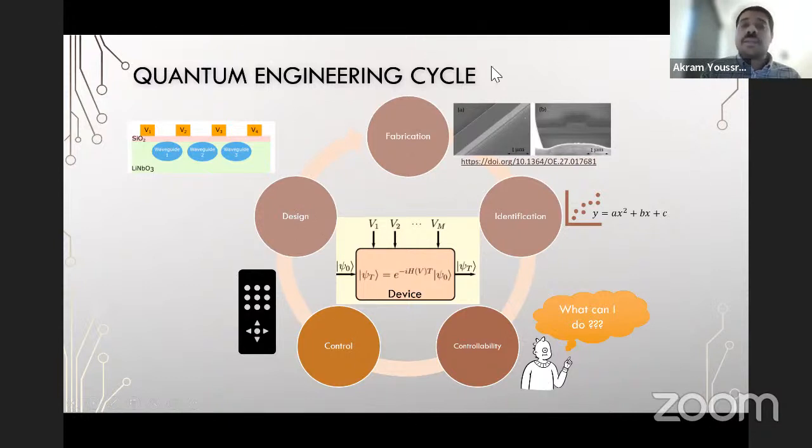And we keep going in this cycle until the behavior of the device is good, like the performance is as good as we expect. So today I'll focus on two stages, the identification and the control. This will be the focus of the talk today.